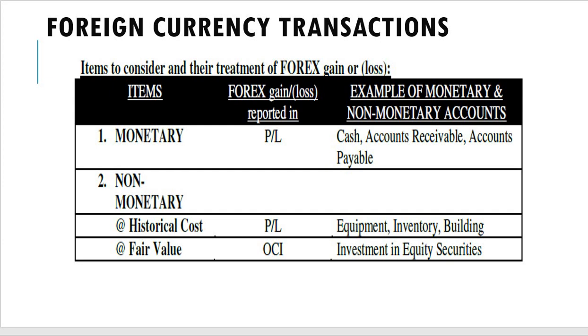But subsequent to that, the monetary items or non-monetary items may be adjusted. So at balance sheet date, diba? So we adjust receivables and payables. So the difference between the receivables and payables at the balance sheet date and transaction date is accounted for as foreign exchange gain or loss and should be presented in profit and loss.